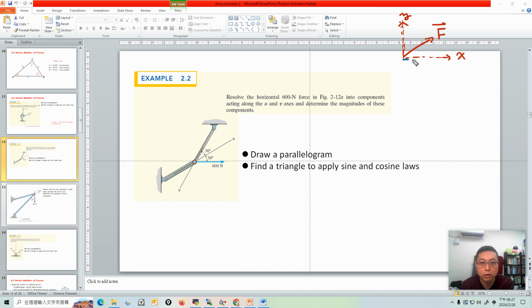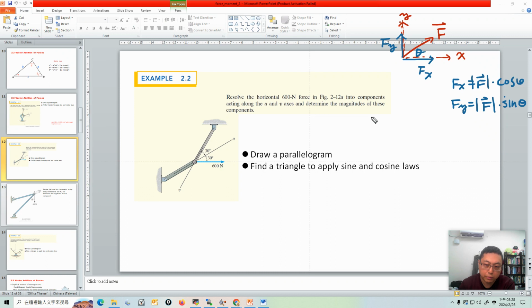We just take the x component and y component. The Fx component is equal to the magnitude of the force vector times cosine theta, and the y component is equal to the magnitude of the force times sine theta. That's how in high school you decompose force vectors.